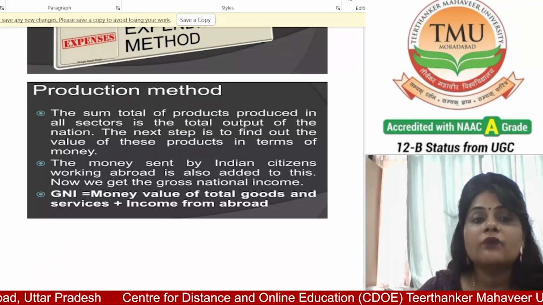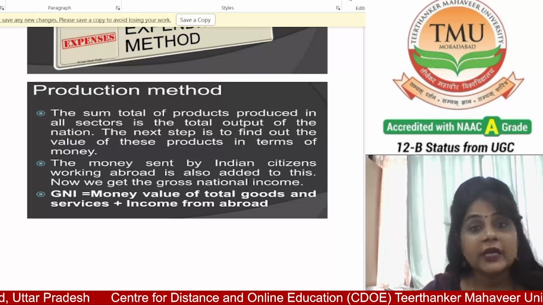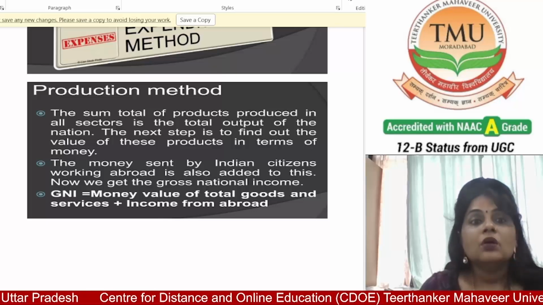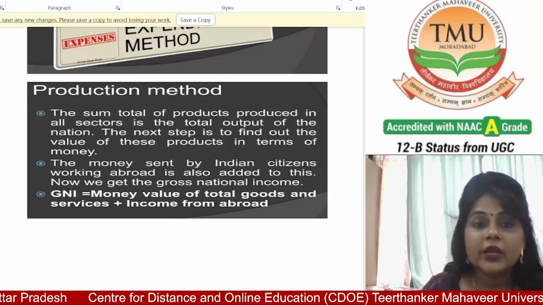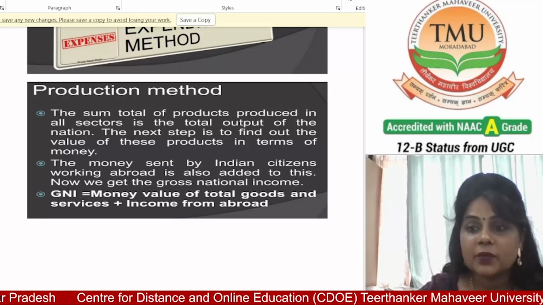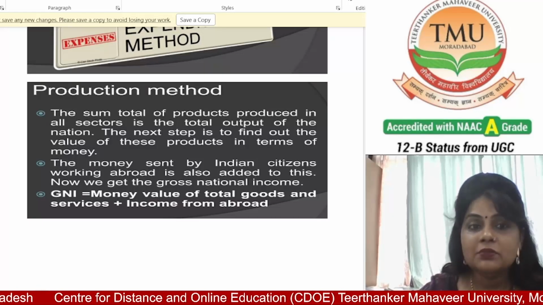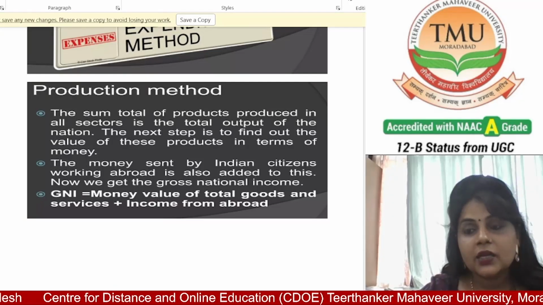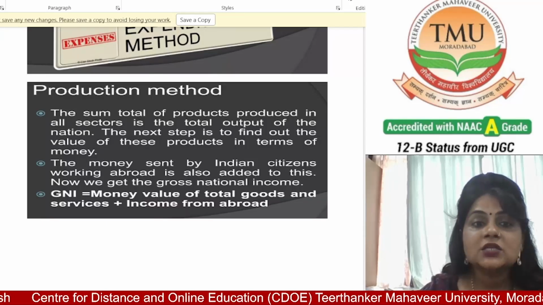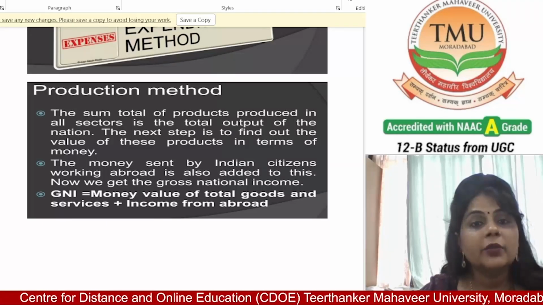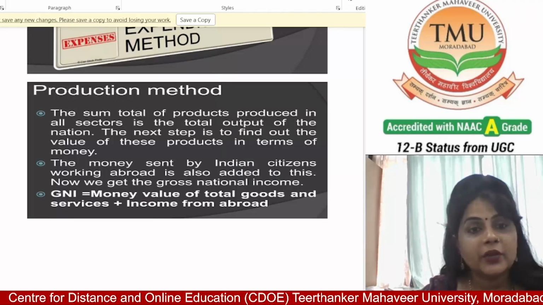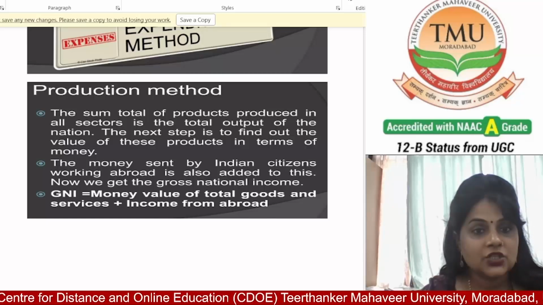Calculation of the components of value added: the first is intermediate consumption. The value of the use of intermediate goods during the production process to create the final product is intermediate consumption, and the expenses on intermediate goods are known as intermediate consumption expenditure.